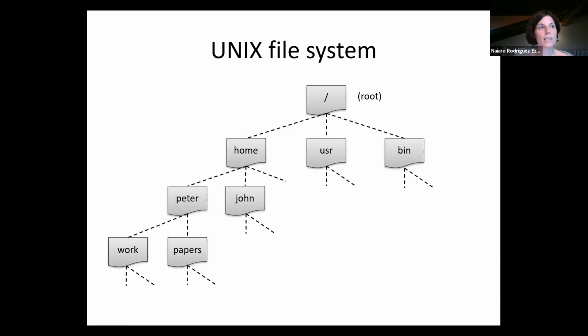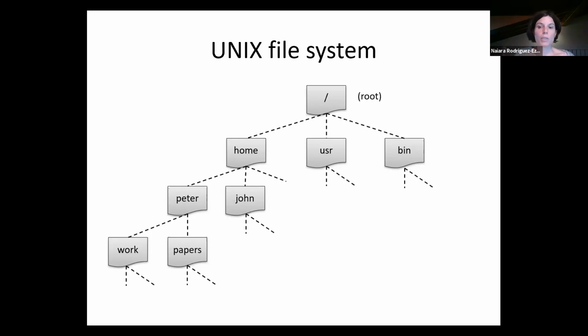One of the folders under the root is usually the home folder, and under this home folder, there are the different users. This could be a little bit confusing sometimes, because when we say home, sometimes we refer to the home folder of one user, right? So this is the system.